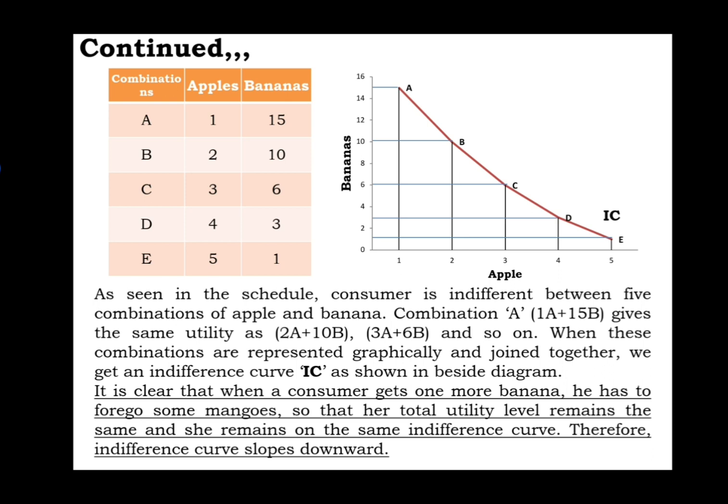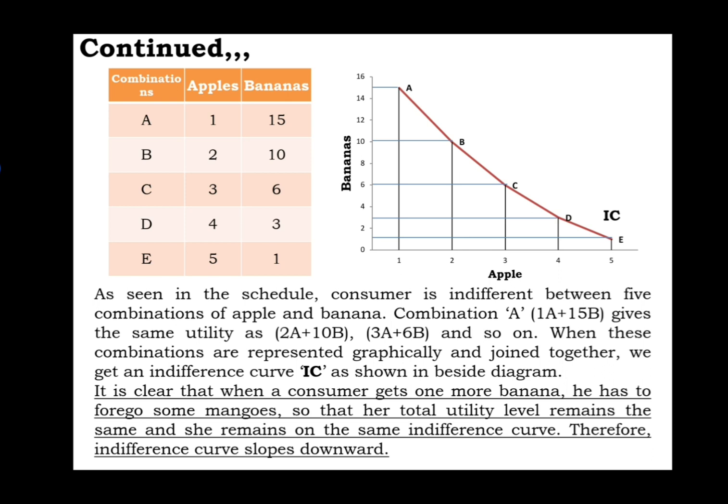Whatever the amount of satisfaction we get from combination A, the same level of utility we can find under the rest of the combinations like B, C, D and E. So the E combination also gives the same amount of satisfaction as we get in combination A. Let me explain how we get the same level of satisfaction.